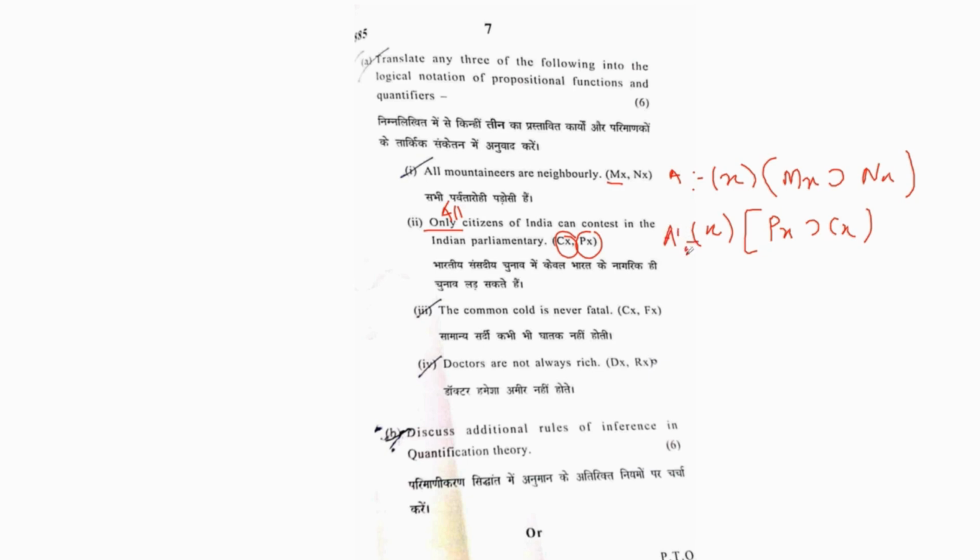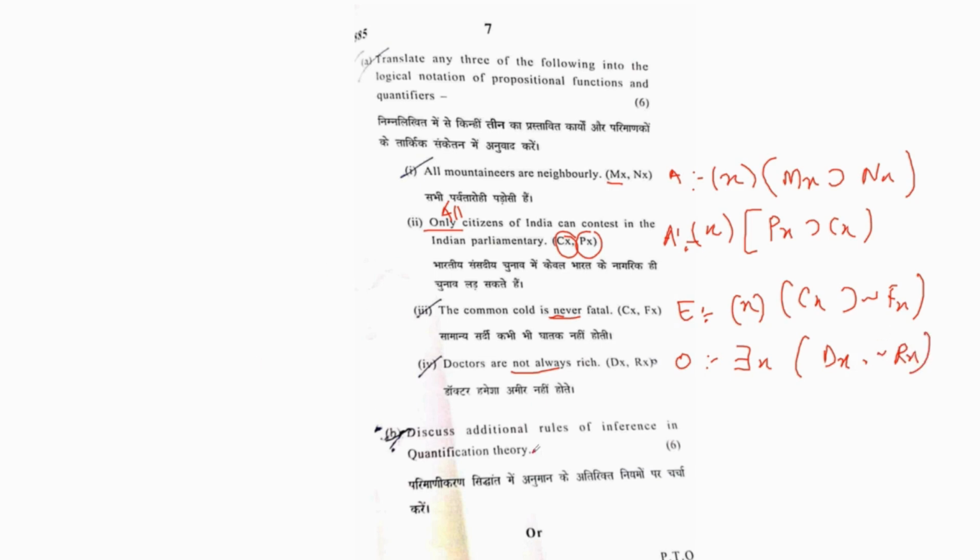And next आपका है the common con is never, in a sense that that will be e proposition. So आपका आ जाएगा x and then cx horseshoe negation of fx. And last आपका है not always, meaning o proposition, doctors are not always rich, meaning some doctors are not rich. So यहाँ पे आपका आ जाएगा ex and then doctors के लिए dx dot negation of rx.